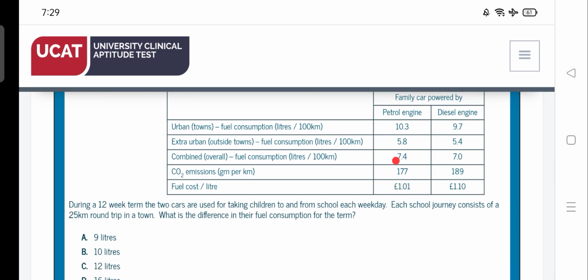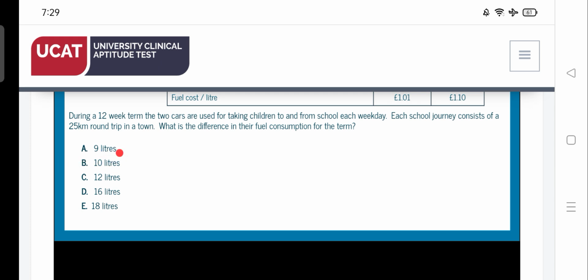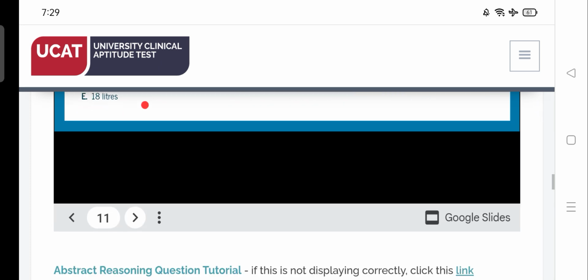In the question they ask: what is the difference in the fuel consumption for the term? Option A 9 liters, option B 10 liters, option C 12 liters, option D 16 liters, option E 18 liters.